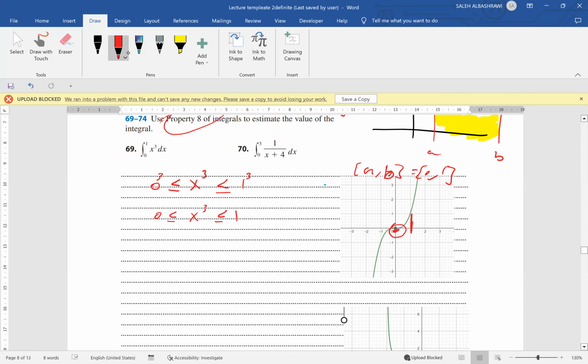So the integral from 0 to 1 of x to the power 3 dx will be greater than 0 times 1 minus 0, which is b minus a, and less than 1 multiplied by 1 minus 0. So 0 is less than the integral from 0 to 1 of x to the power 3 dx, which is less than 1. So the estimate for this definite integral is between 0 and 1.